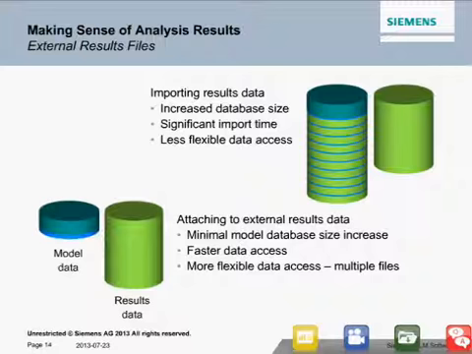The data access is actually faster when it's attached, and you have much more flexibility because the data is sitting there by itself, and you can attach to it. You can actually attach to multiple files, which means that you can have several runs done at different times. If it's the same model, you can bring them into a version of FEMAP and compare across analysis results and models as well.